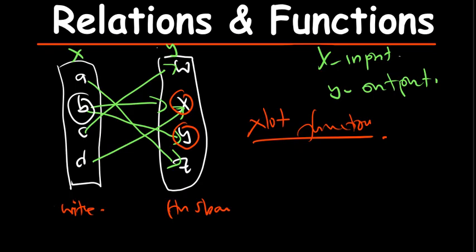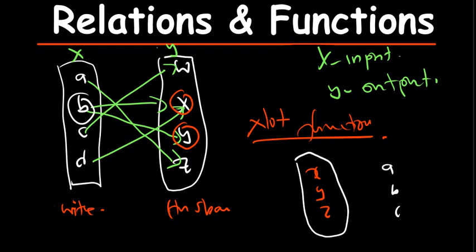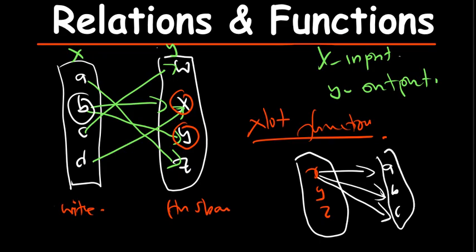For example, if I have x, y, z, then here I have a, b, c. So it's possible I can have that. Okay, that is a function because this is x, this is y. So one x value is giving me three values.